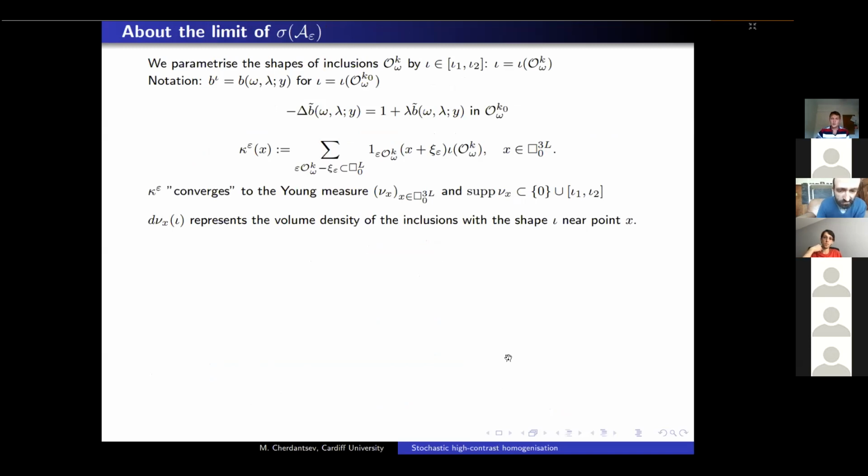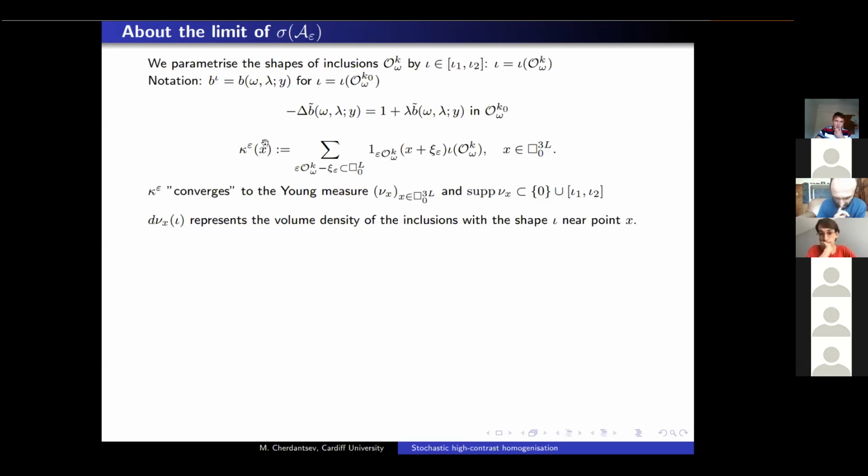So what's next? We want to pass to the limit, basically. Before passing to the limit, we need to introduce some notation. We assume that the shapes of inclusions can be parameterized by some parameter iota. Then we can also parameterize the solutions of the corresponding resolvent problems. We also consider the characteristic function of each inclusion multiplied by the parameter that parameterizes the shape of the inclusion.